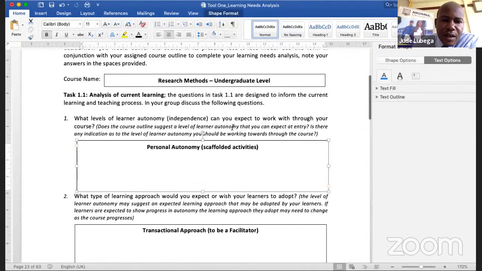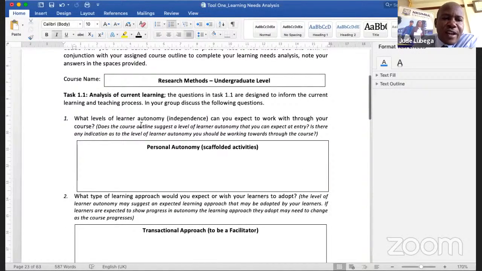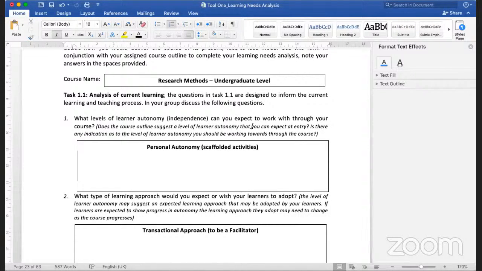Okay. So here the question was, what levels of learner autonomy? And you know that we already looked at that there is procedural, there is personal, and there is significant autonomy. And Fiona, are you there? I'm present, sir.